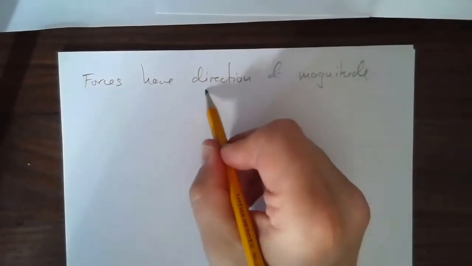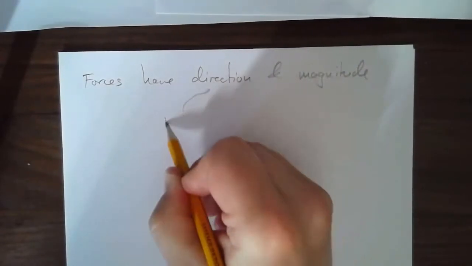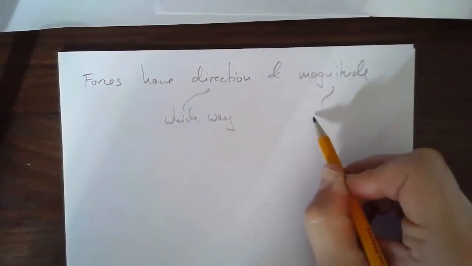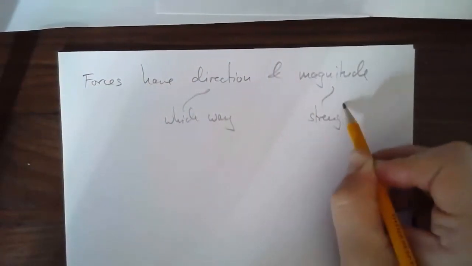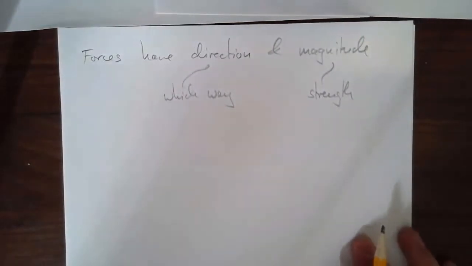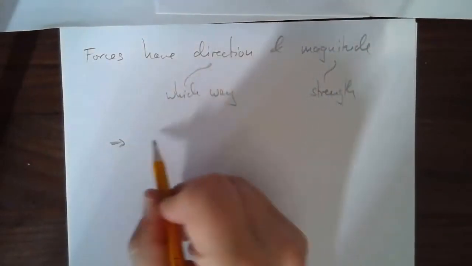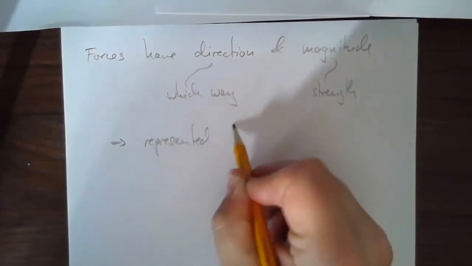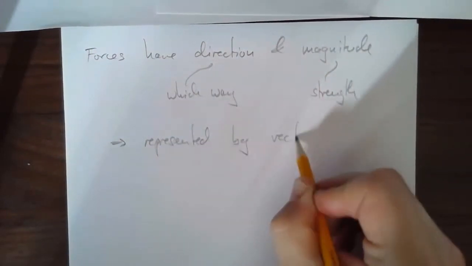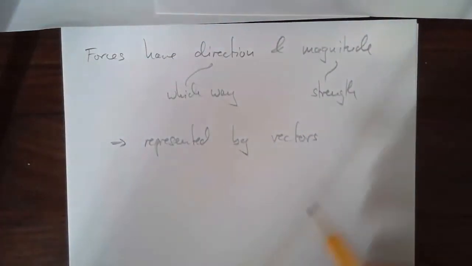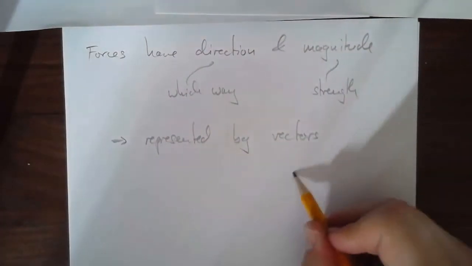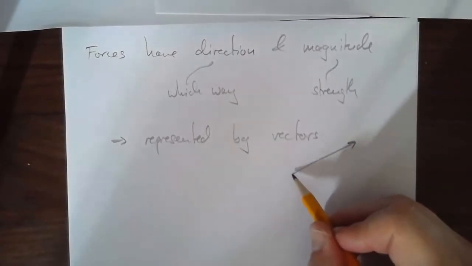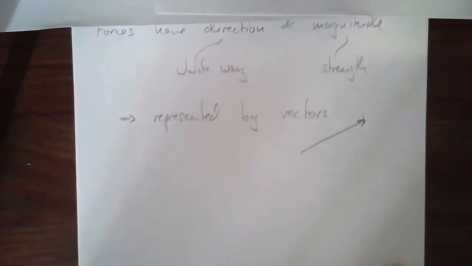Forces have direction and magnitude, so this is just which way, it's fairly obvious. And then what is their strength, right? That's what we mean by the magnitude. So they are represented by vectors. Remember, vector, and draw it like an arrow, a certain force in a certain direction with a certain magnitude is represented by the length.